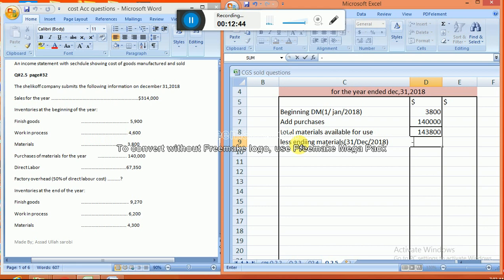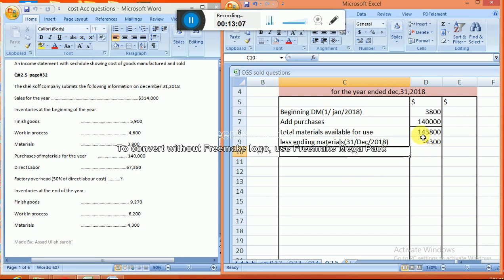How much we will subtract? Look here, inventories at the end of the year. In the ending inventory we have material of how much? 4,300. We have 4,300 material ending in this year which is not used.